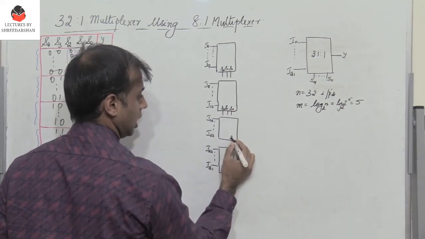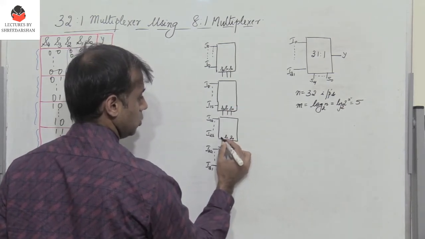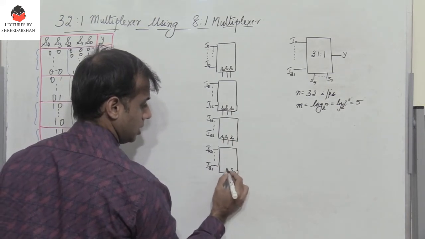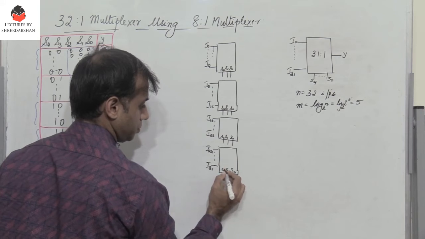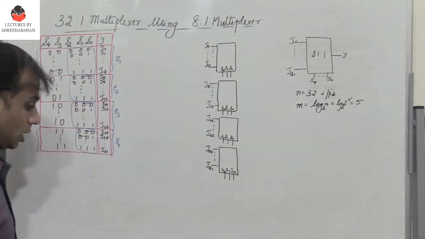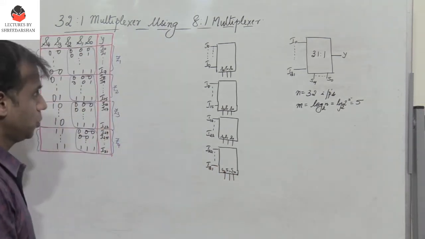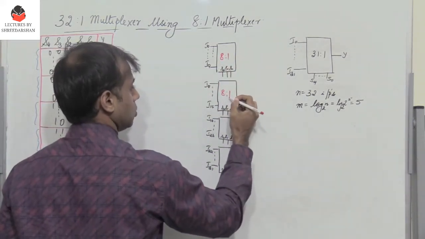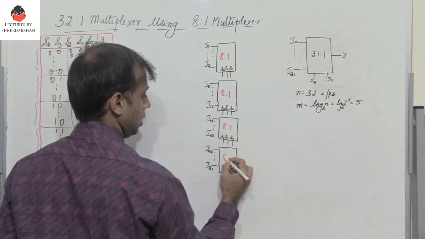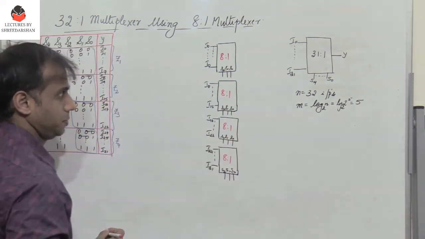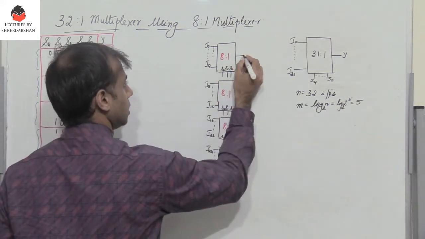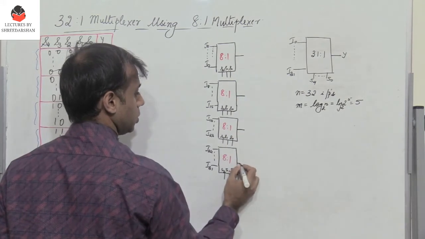So again here I have S0, S1, S2, and then here I have S0, S1, S2. These are all 8:1 multiplexers, and I have 4 of them. And of course we have outputs: one output here, another output here, one output, one output.